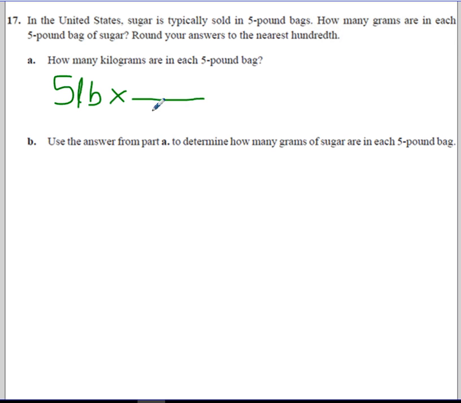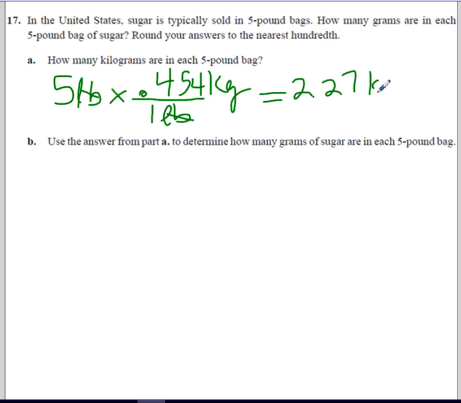So we get 1 pound to help us multiply instead of divide, and the equivalent measurement is 0.454 kilograms. And if we multiply that, we get approximately 2.27 kilograms of sugar.